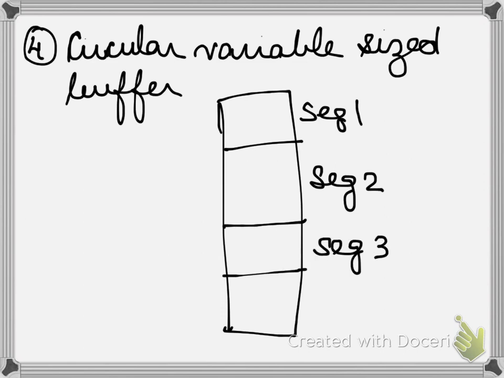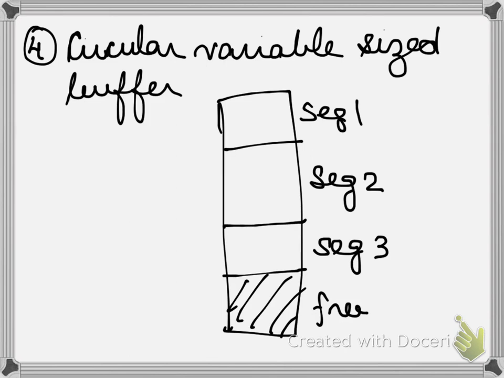As the segments are coming, they are put in one by one, and say this part is still unutilized, this is free. This makes better use of memory, so there is no wastage as such.